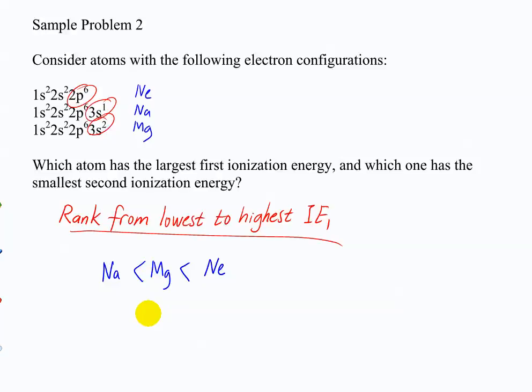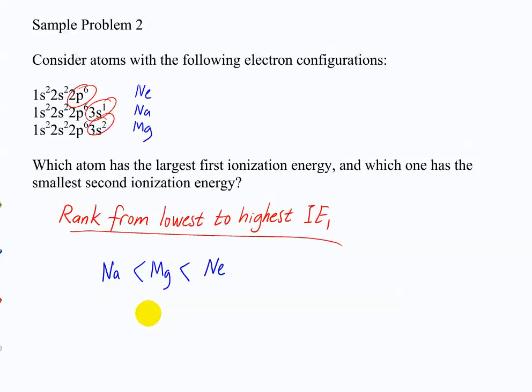This is a question that you'll see a lot, this type of question, in both my exams and the final. Rank things in terms of ionization energy, which is the proper ranking of first ionization energy, of second ionization energy. And to do those, all you have to do is look at the electron configuration and figure out which is the electron they're talking about and what happens when you remove it.